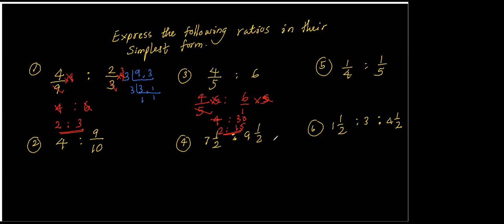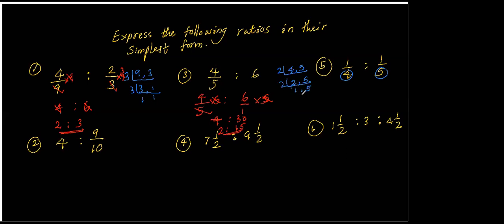Right. Next one. What is the LCM of these two, Yasit? 4 and 5? That is 20, right? Divide by smallest prime number 2. 2, 5. Divide by 2. 1, 5.